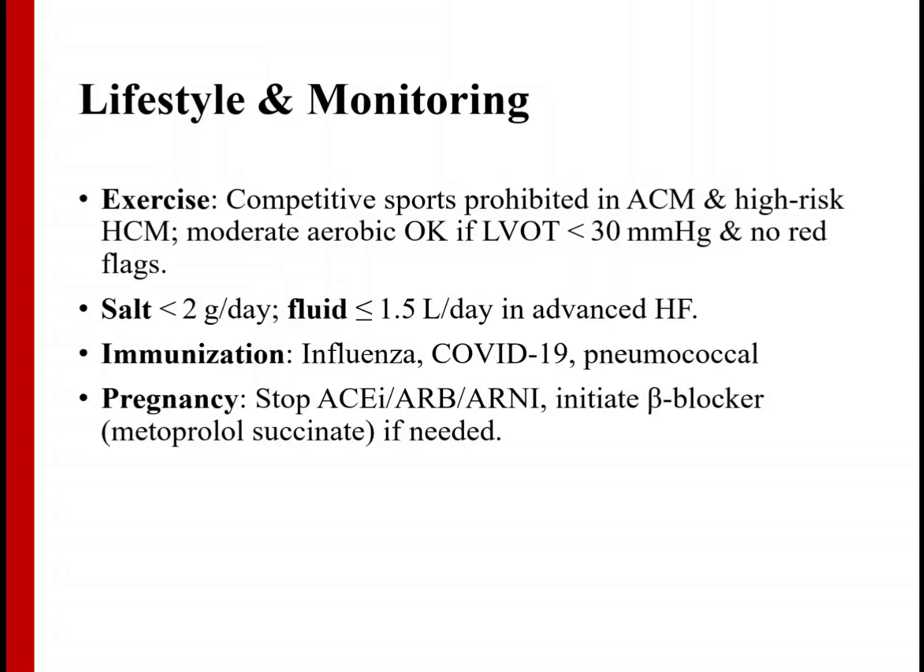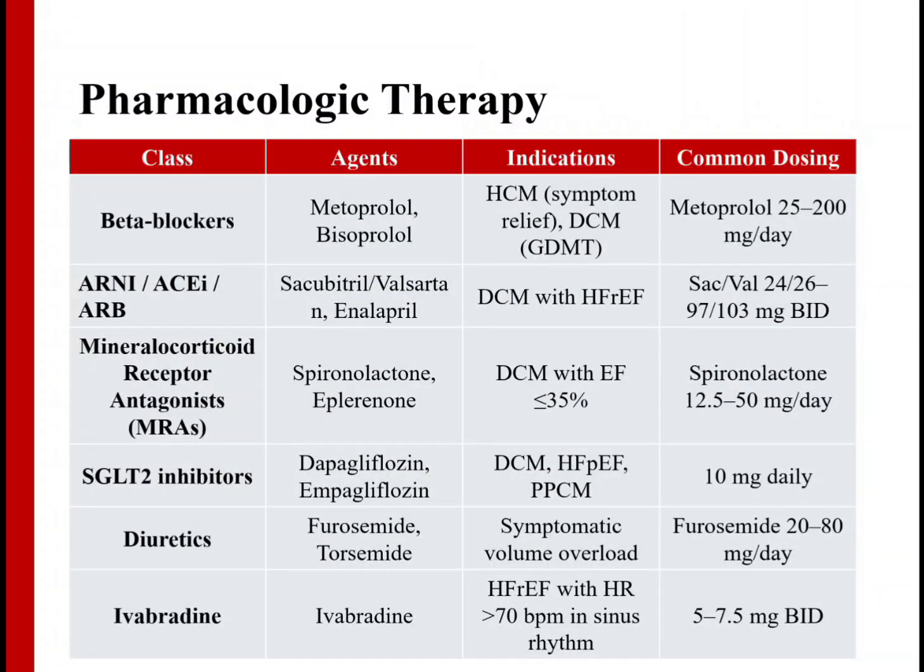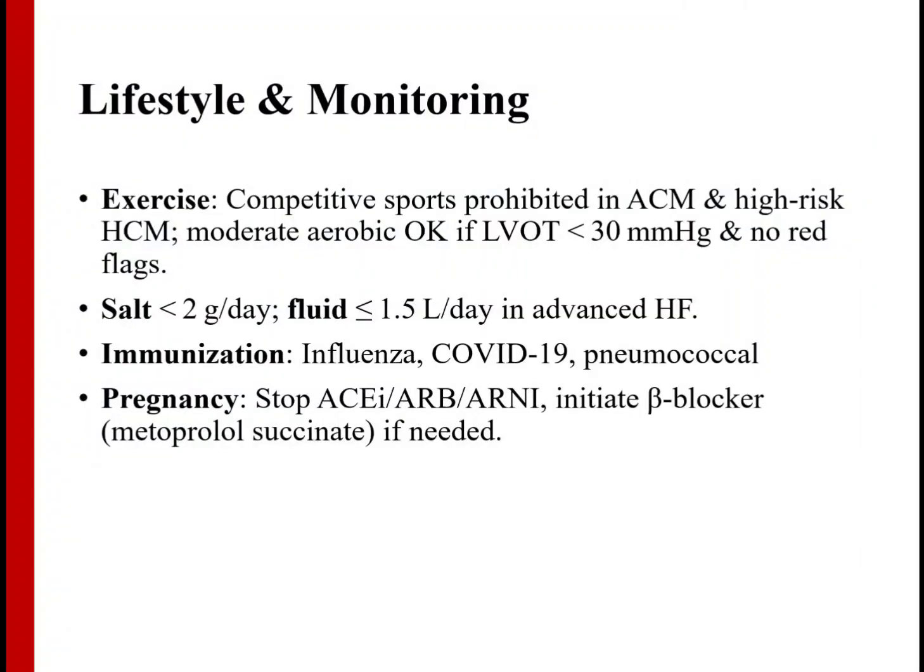And all cardiomyopathy patients should receive annual influenza, COVID-19, and pneumococcal vaccines, not just for infection prevention, but to minimize cardiac decompensation during febrile illnesses. Also in pregnancy, we must discontinue teratogenic medications like the RAS inhibitors, all of them.